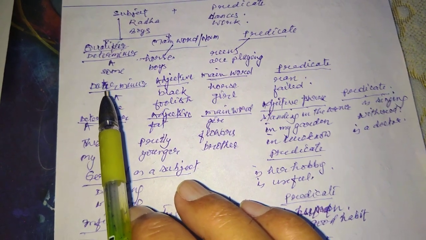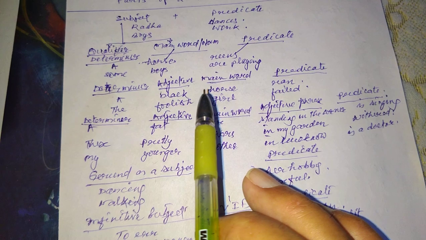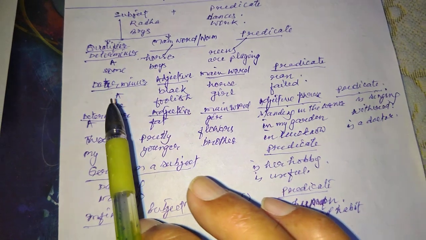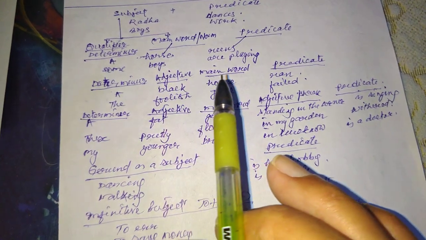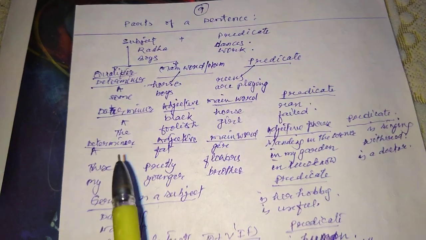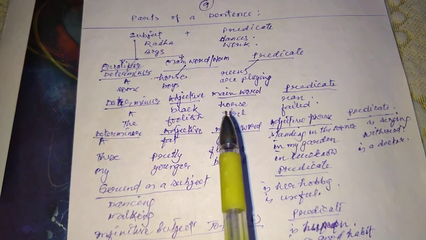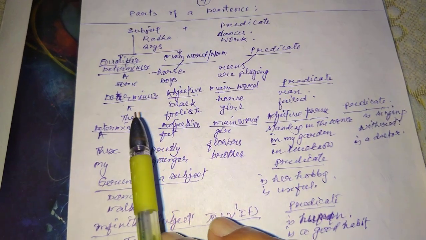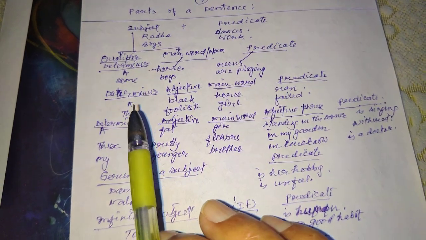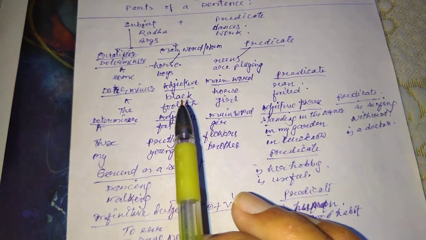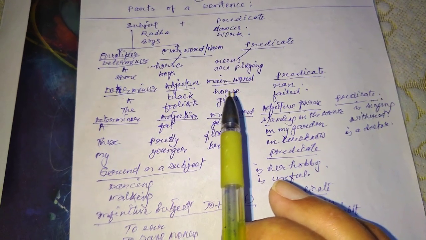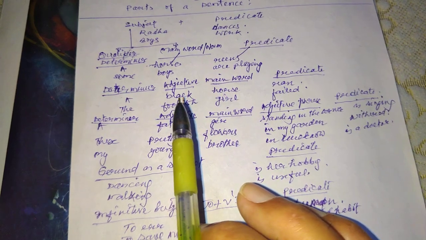Then further we see other examples. Subject could further be divided into three parts. Earlier we were studying two, now we are studying three parts: determiner, adjective, main word, and then lastly the predicate. So if we see here, a black horse ran, काला घोड़ा दौड़ा. Determiner is a, adjective is black and main word is horse, a noun.